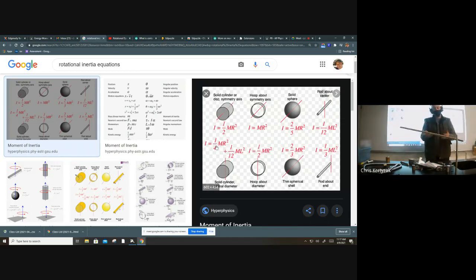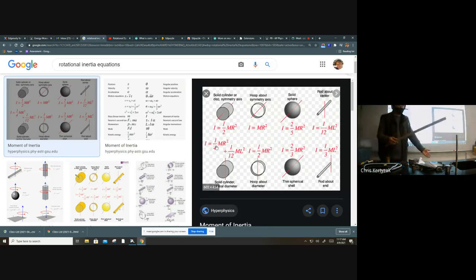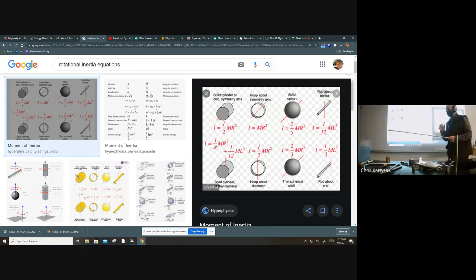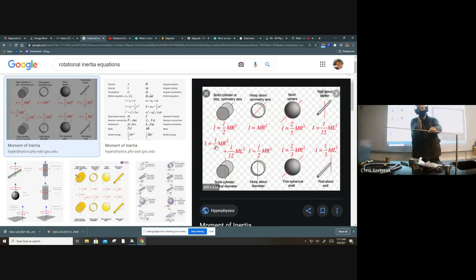It's not because it's a different stick, it's the same stick. It's not because there are different weights, it has the same weights. It has to do with how the weight is distributed in distance from the axis of rotation. So if you pick the axis of rotation right in the middle, you have mass distributed on both sides, and no one piece of wood is further than 50 centimeters from the central spot, because it's a meter stick.